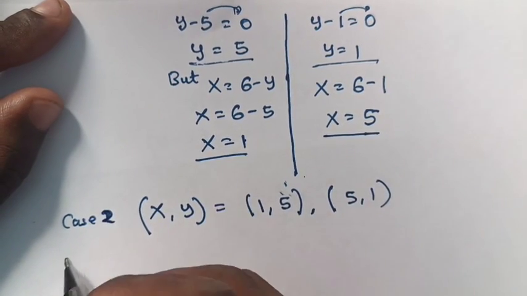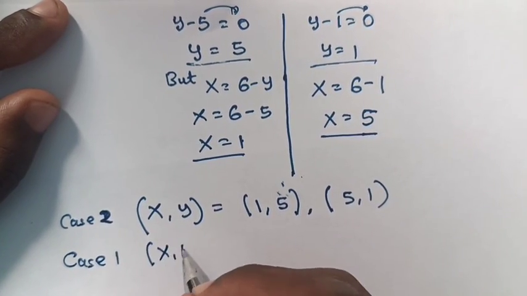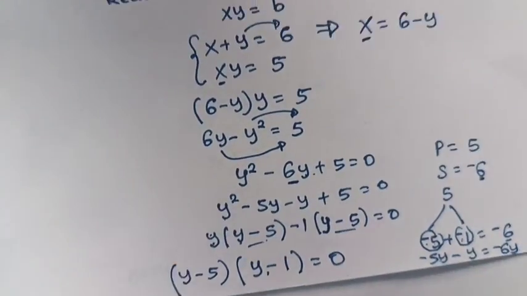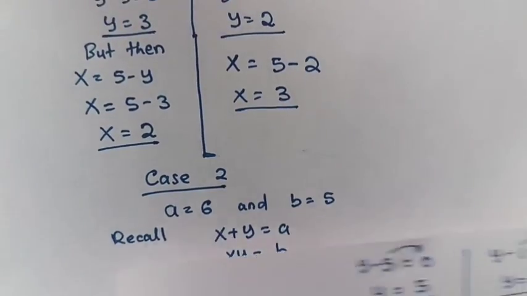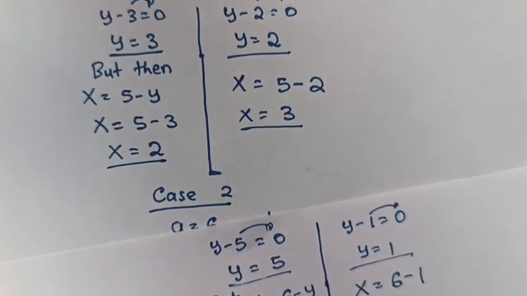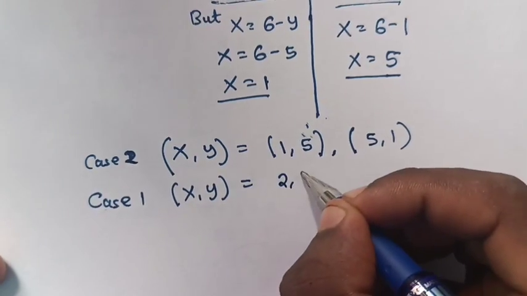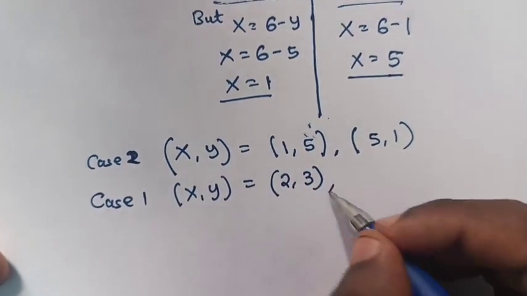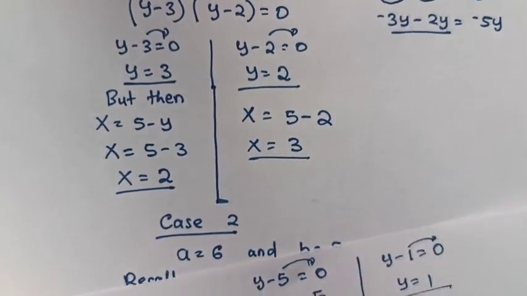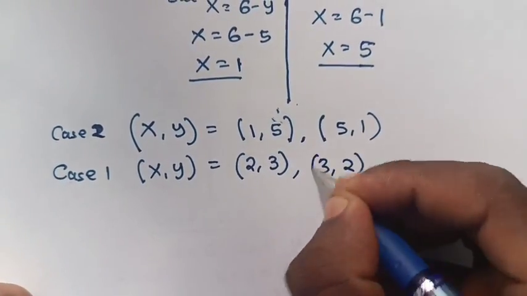Now in case 1, (x, y) will be equal to, referring back, we solved in case 1 here, x is 2, y is 3, so it will be (2, 3). And also here x is 3, y is 2, so it will be (3, 2).